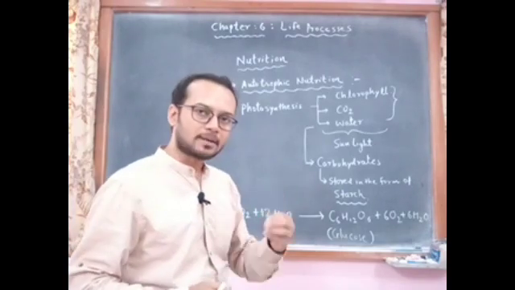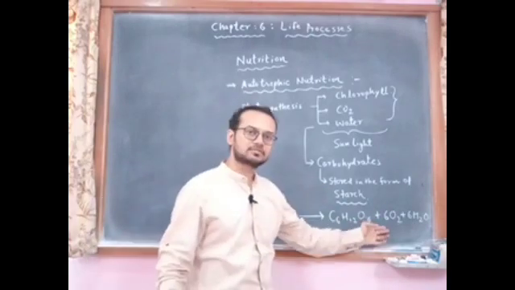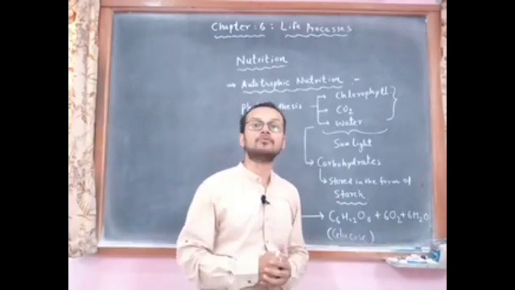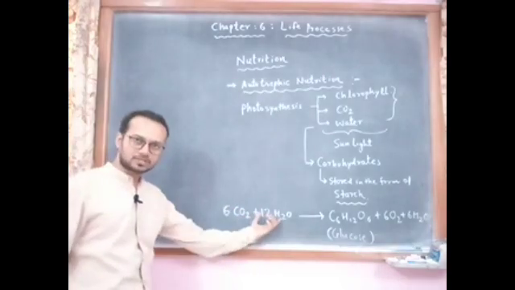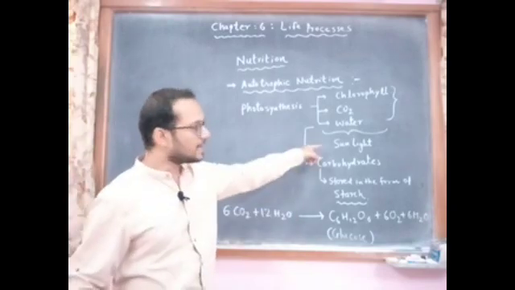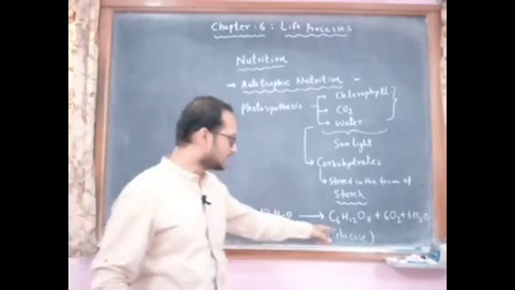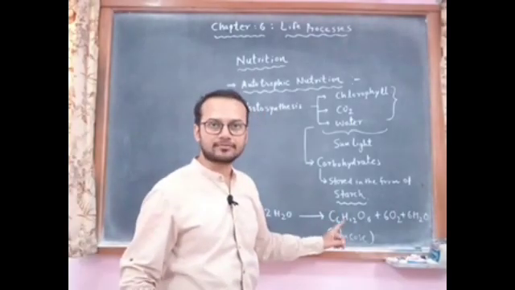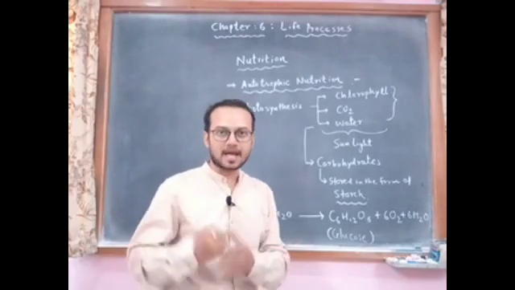During this process, some other materials are formed which are byproducts, and they are 6 molecules of oxygen and 6 molecules of water. This way, carbon dioxide and water are used up as raw material. In the presence of sunlight and chlorophyll, they perform an activity called photosynthesis, and they form carbohydrate in the form of glucose, which is used for their activities as energy.